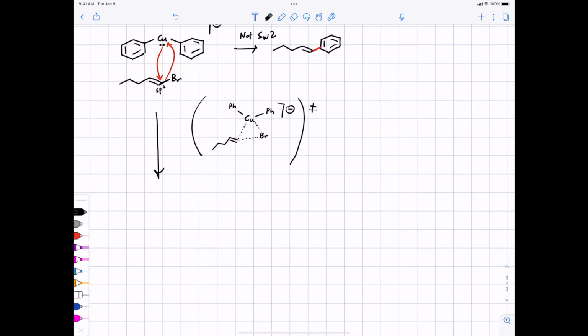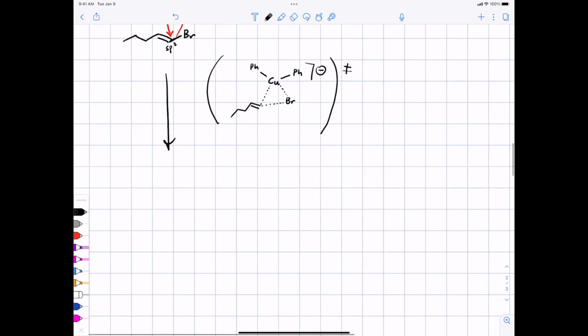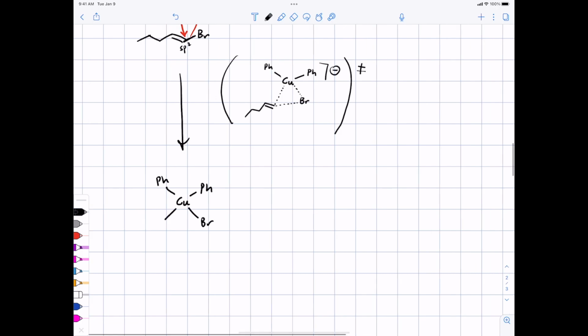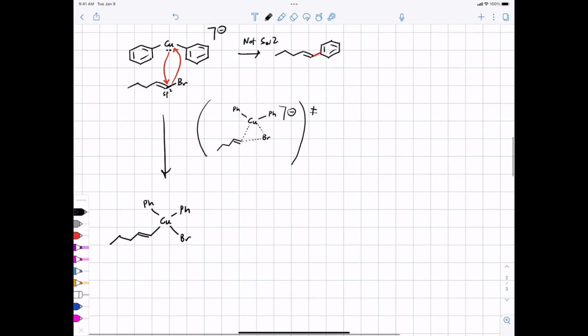After that process, the charge is still -1.